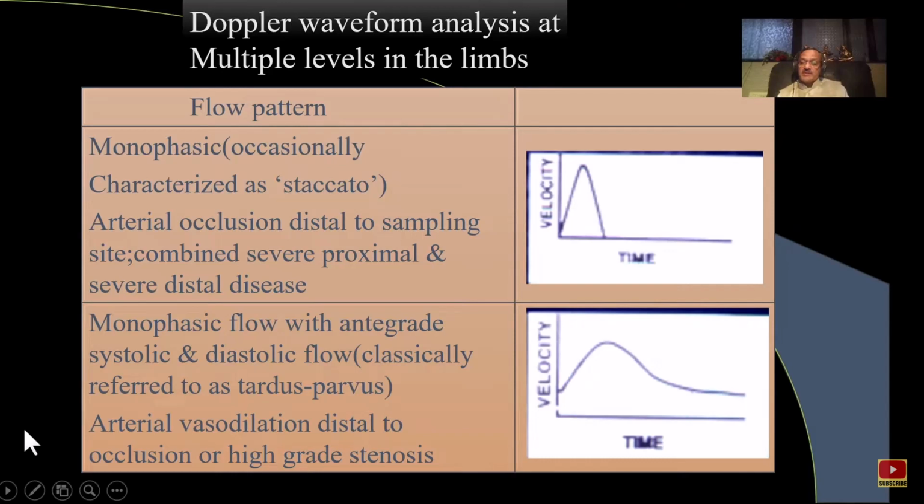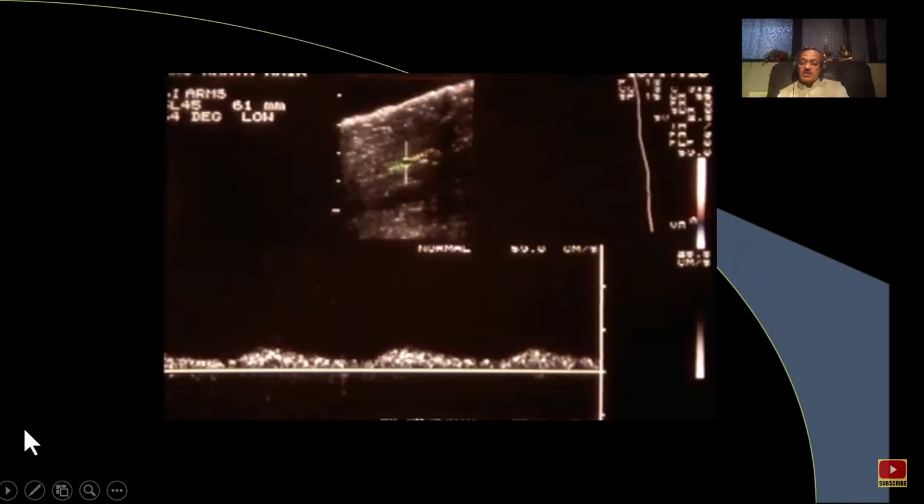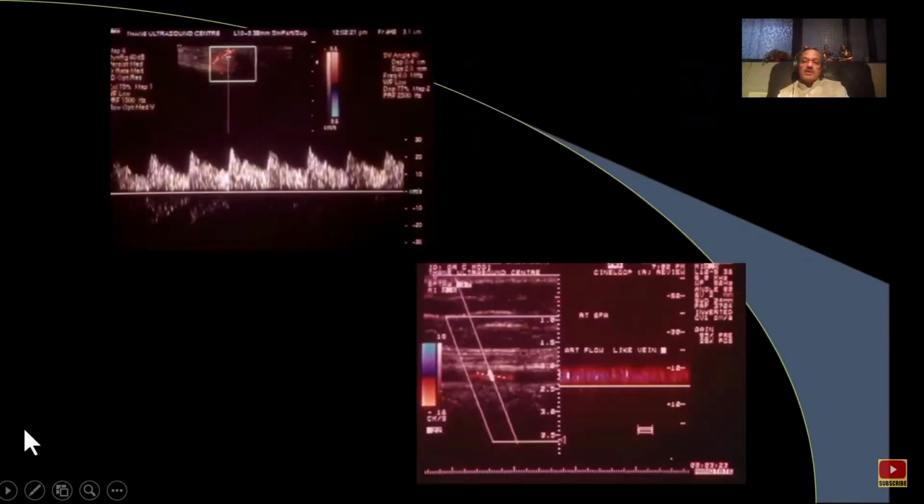And if it is monophasic tardus parvus with increased time taken to reach the peak systole, we know that there has been a proximal stenosis or occlusion. So that's a classical example of a tardus parvus waveform seen in the distal tibial artery in a patient who had a popliteal artery occlusion.